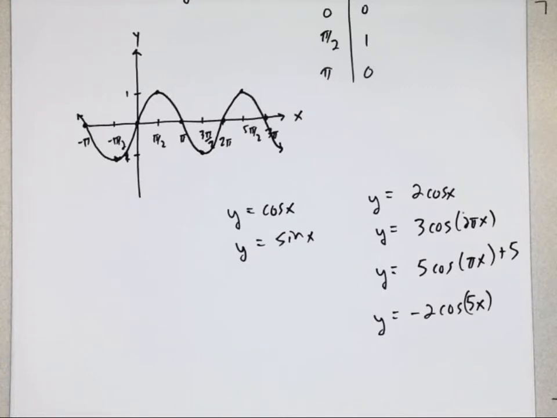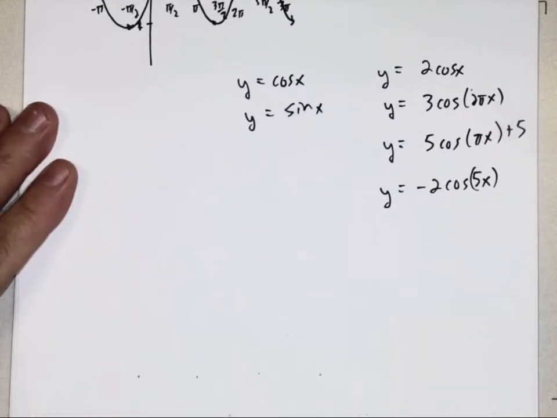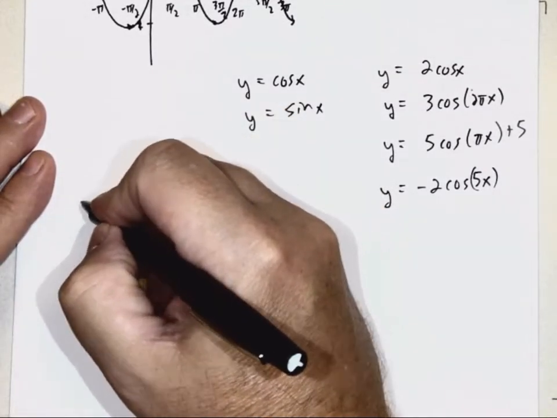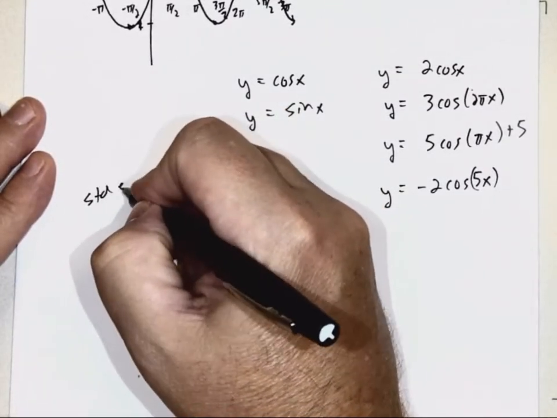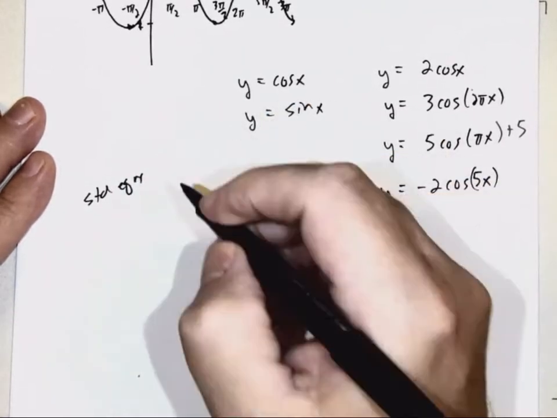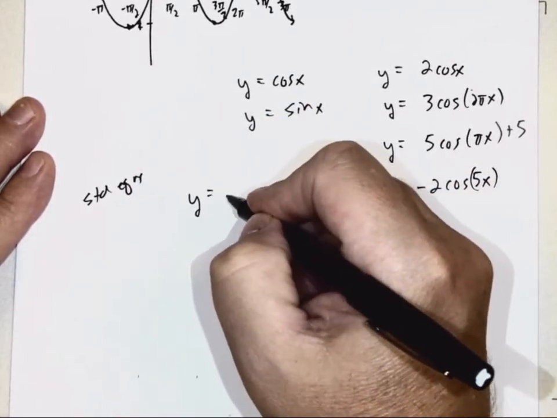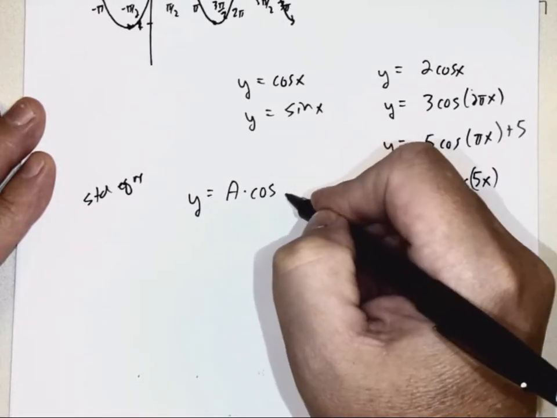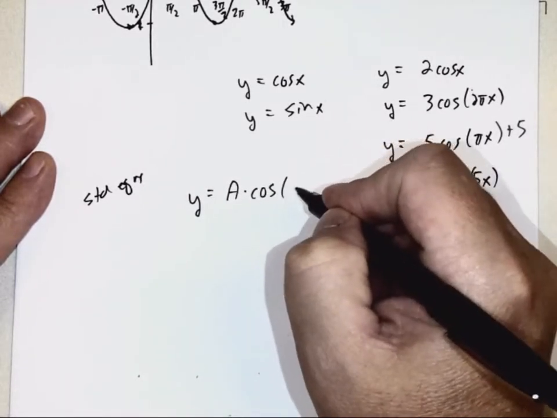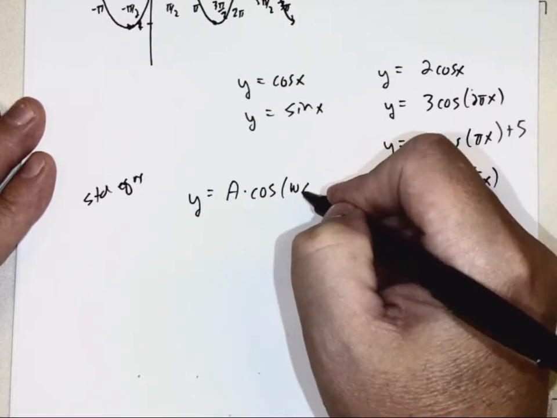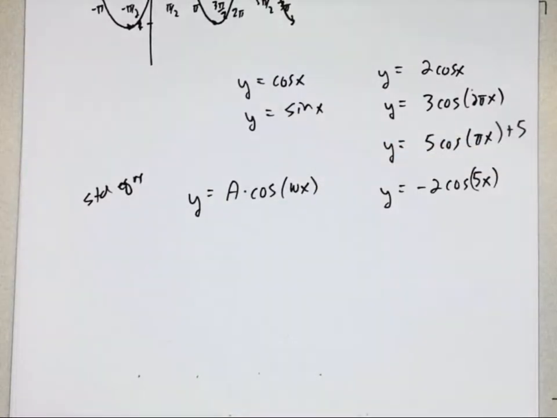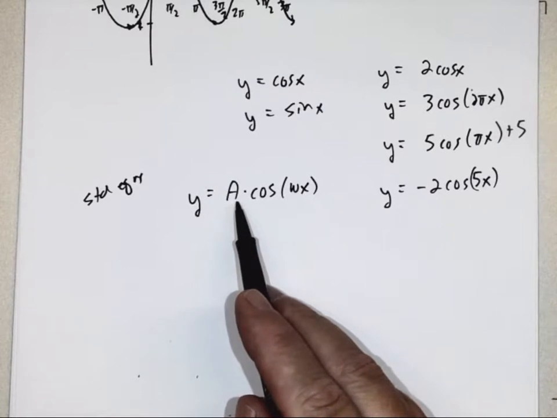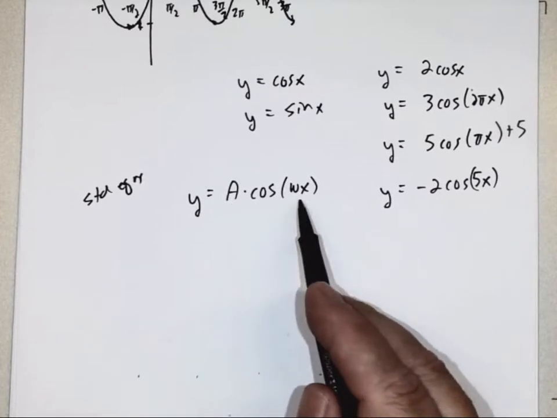And it's very easy to determine this. It's not very hard. Matter of fact, here are the two standard equations. You have A, which is going to be a number, A times cosine omega x.